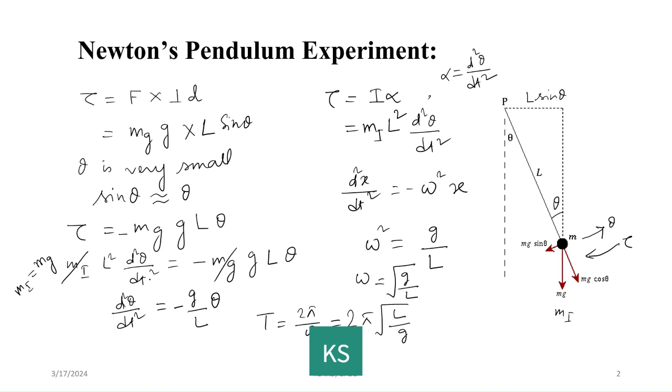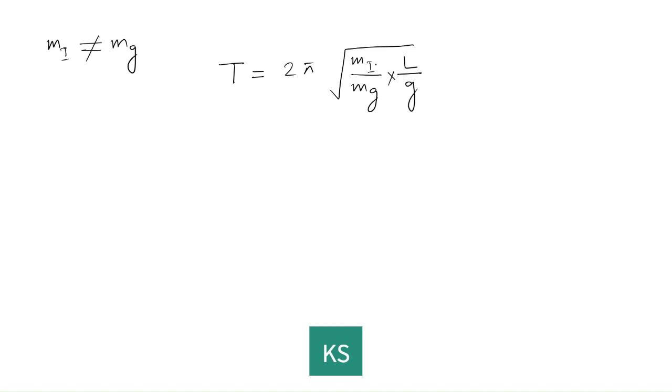Now if we consider that these two masses, inertial mass and gravitational mass, are not equal, so when mi is not equal to mg, then the time period becomes 2 pi square root of mi by mg times L by g.